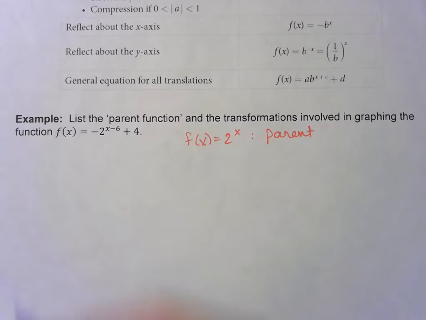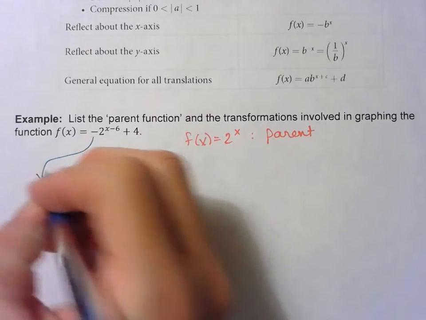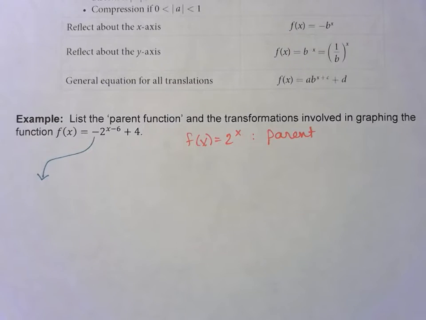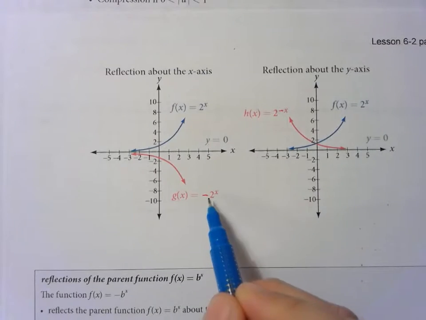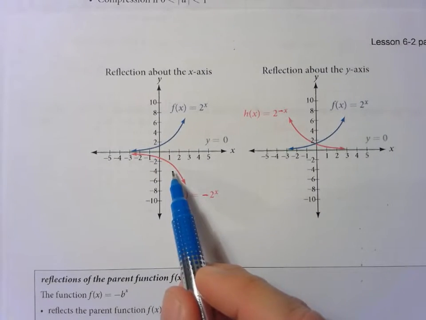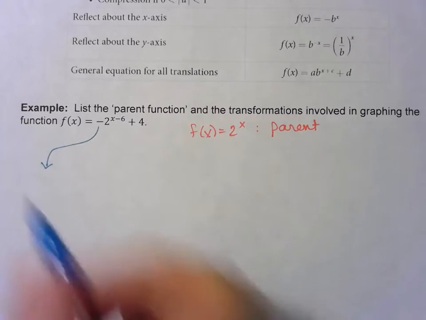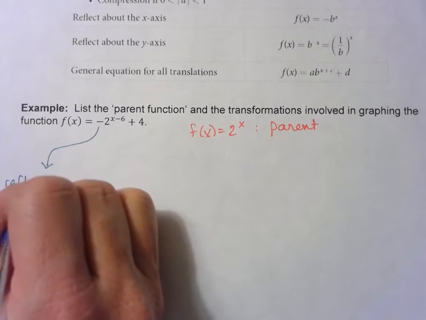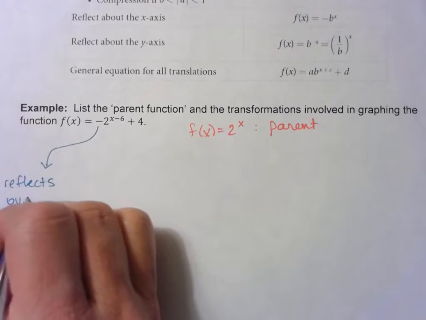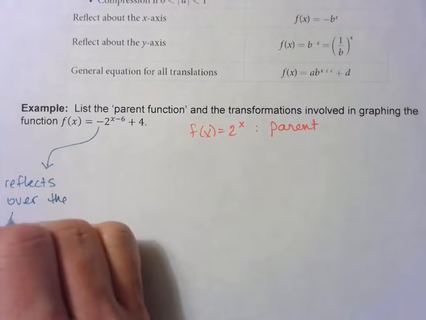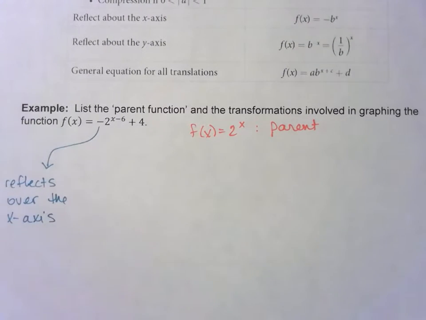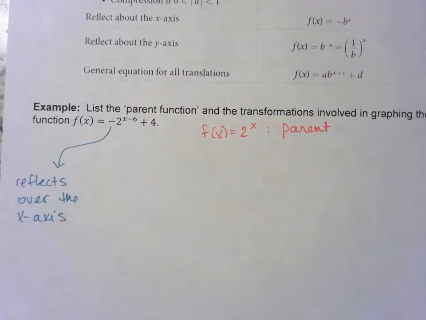So what is this negative out front going to do? Remember, if you have a negative out front, it reflects over the x-axis. Okay, so that one's reflecting over the x-axis.